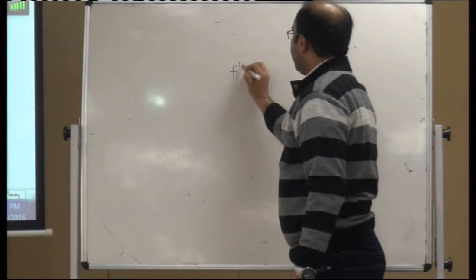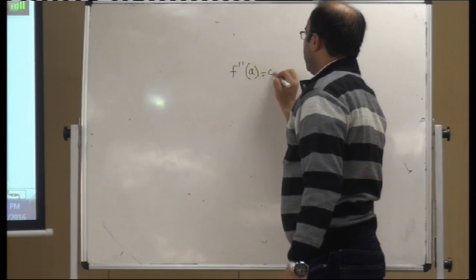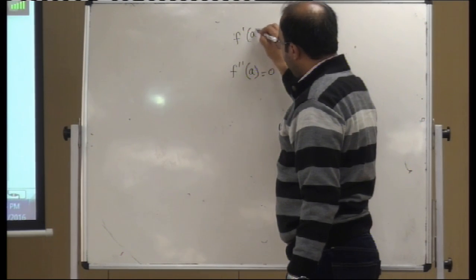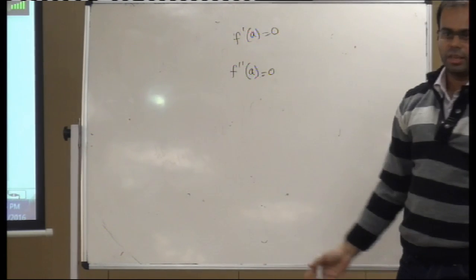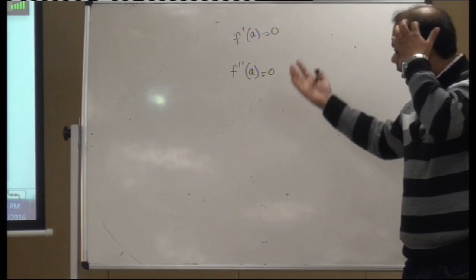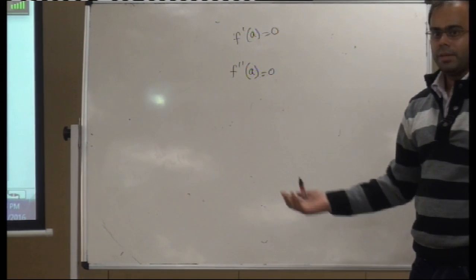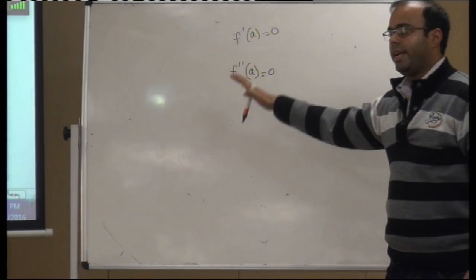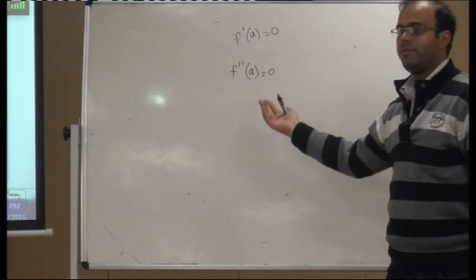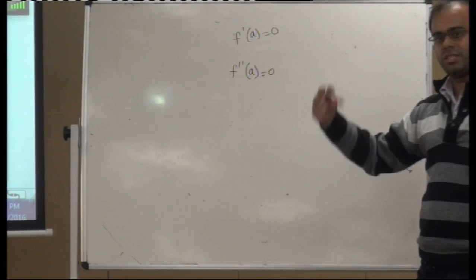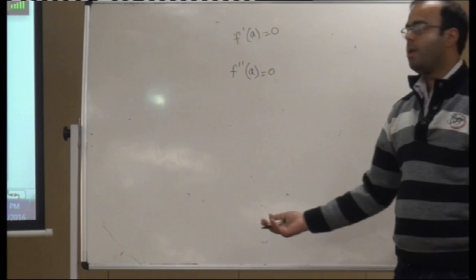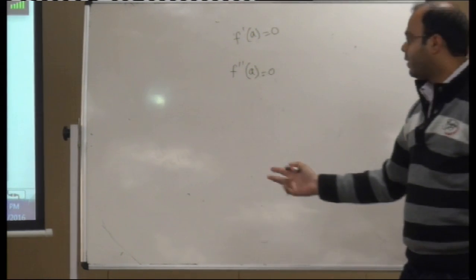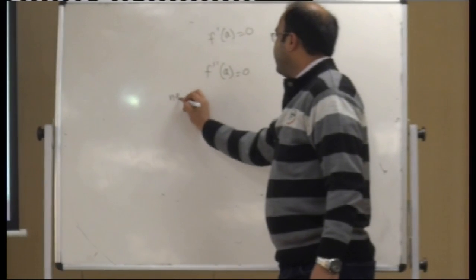So now the question comes: what if the double derivative at a is equal to 0, and the single derivative at a was already 0, that's why we are checking for extrema. Now if the double derivative is again 0, we cannot say whether it is positive or negative. If it had been positive, it was a point of minima, and if it was negative, it was a point of maxima. But here it is 0. So what we do is follow the nth derivative test.